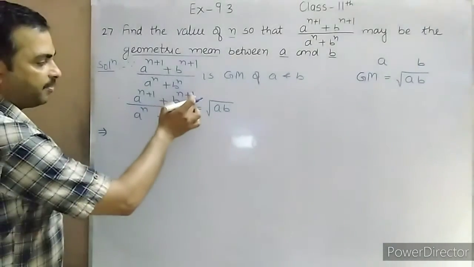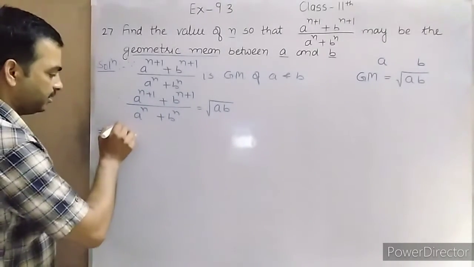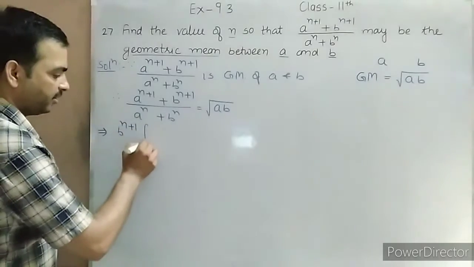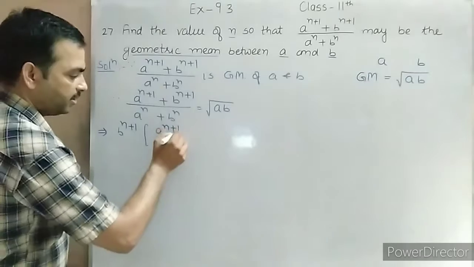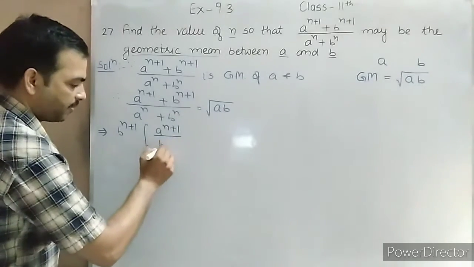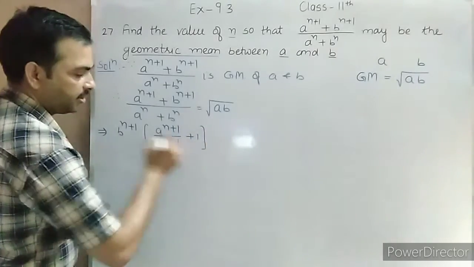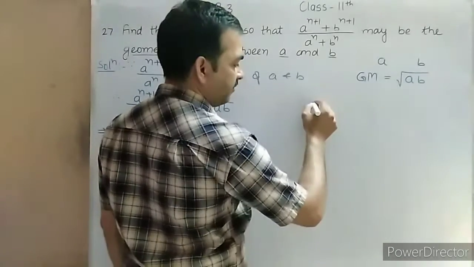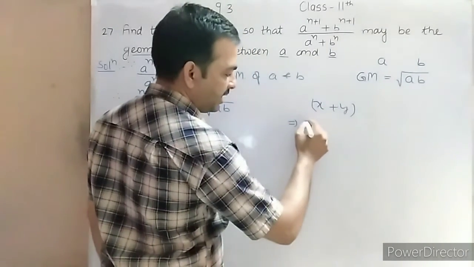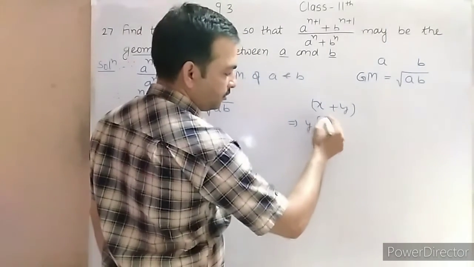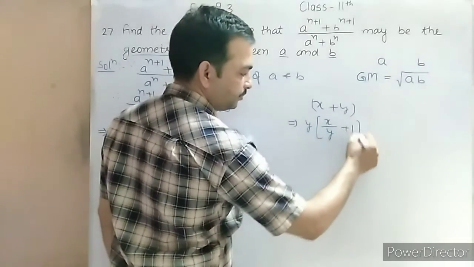Now, take b^(n+1) common from the numerator. So b^(n+1), and within the bracket we get (a/b)^(n+1) + 1. As you can see, if we have x + y and I take y as common, I get x upon y plus 1.